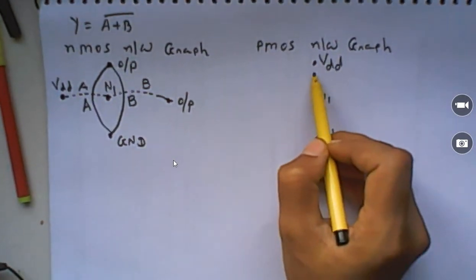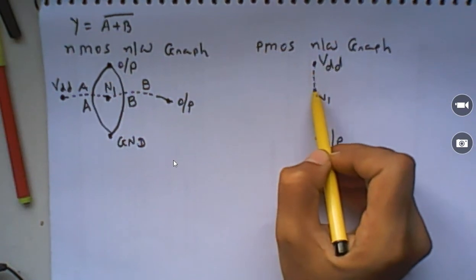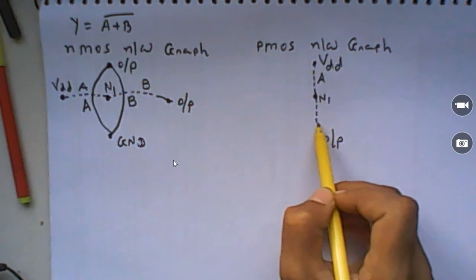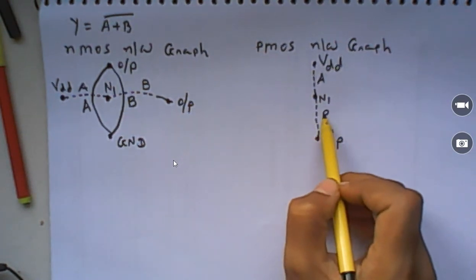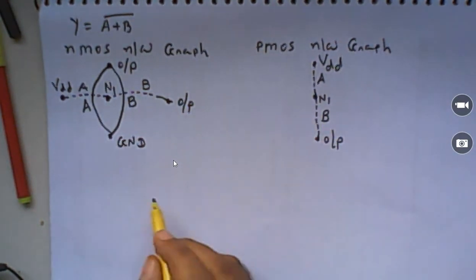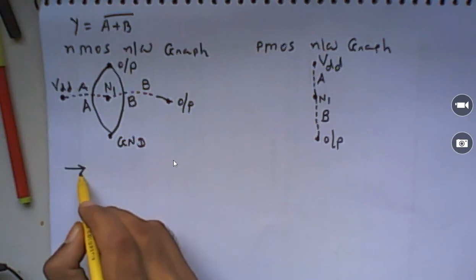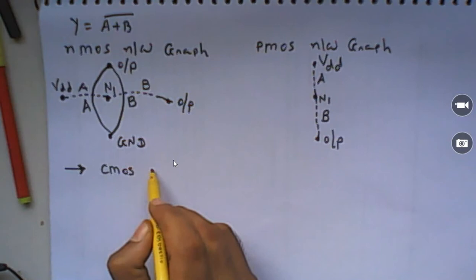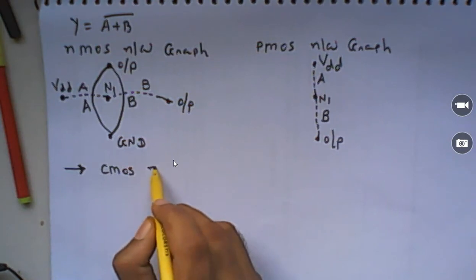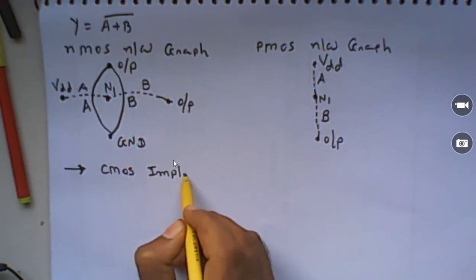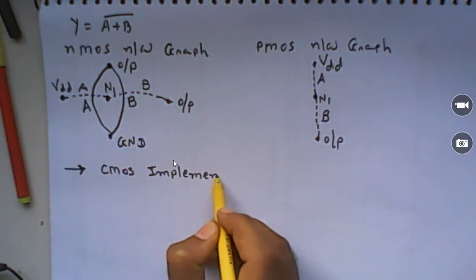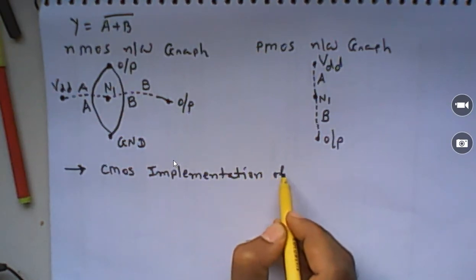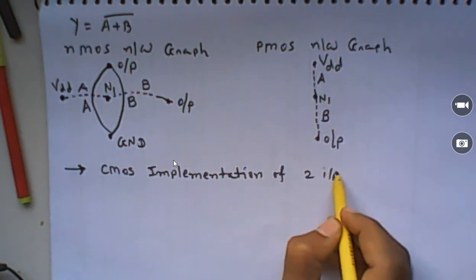Between N1 and VDD we have the A MOSFET, and between N1 and the output we have the B MOSFET. Now if you see the complete graph of the CMOS network, the CMOS implementation of the two input NOR gate.